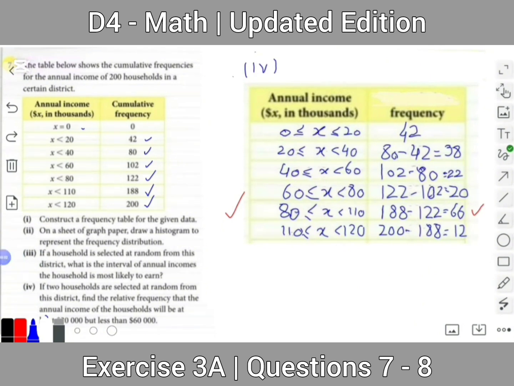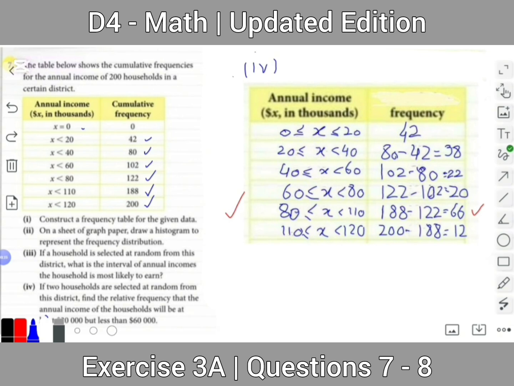Now, in part 4, if two households are selected at random from this district, find the relative frequency that the annual income of the households will be at least $20,000 but less than $60,000.